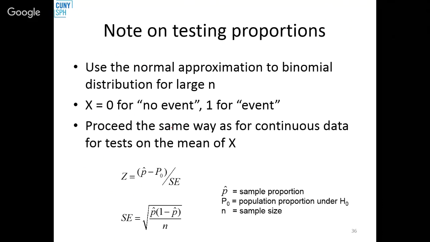And so your mean is interpreted as a proportion, but your sampling distribution is still a normal distribution, with the only difference being that you have a different formula for calculating the standard error. The only difference, but you can otherwise proceed the same as you did with the z-tests for confidence intervals and for hypothesis testing.